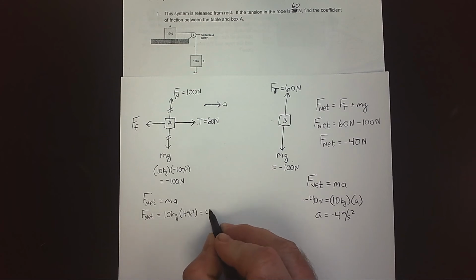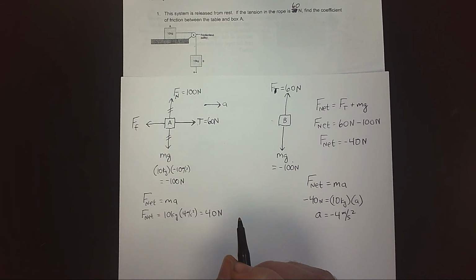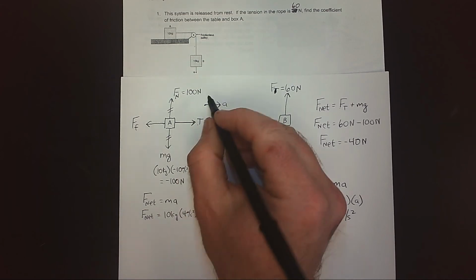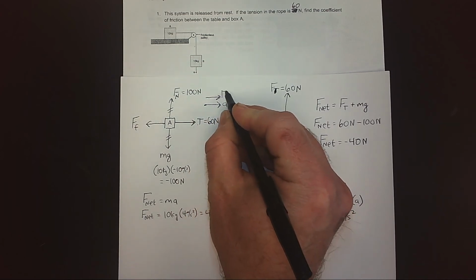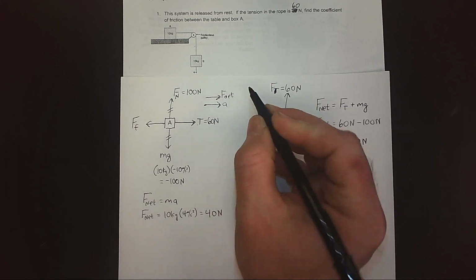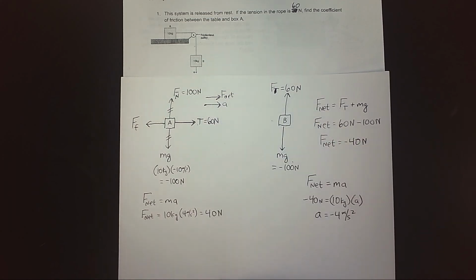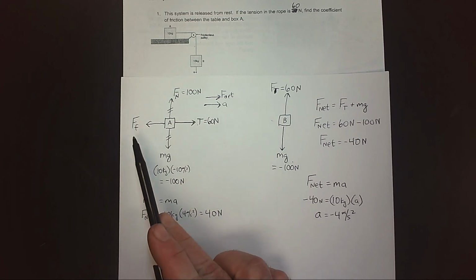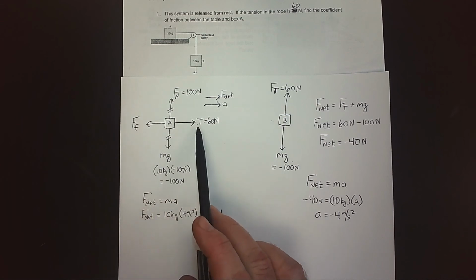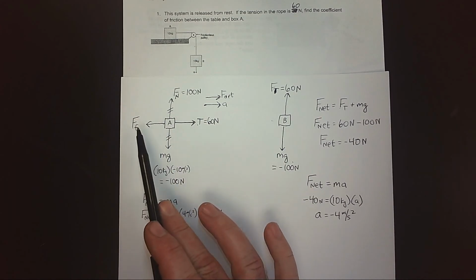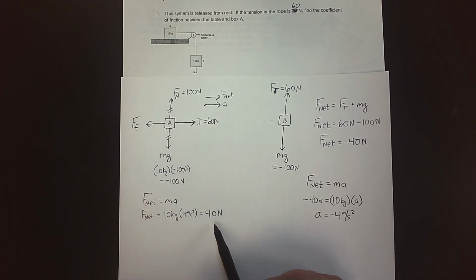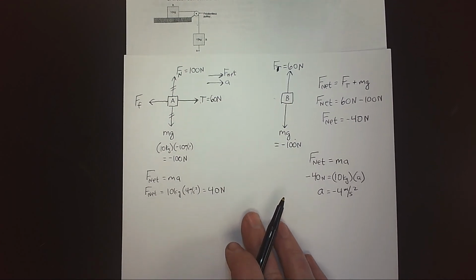It's going to be 40 newtons, and positive 40 because it's pointed to the right, the same direction as the acceleration. The net force and the acceleration always point in the same direction in these problems. So once I've got the net force, I can go ahead and solve for the friction force. Because remember, when I add these two forces together, the friction and the tension, I should end up with the net force.